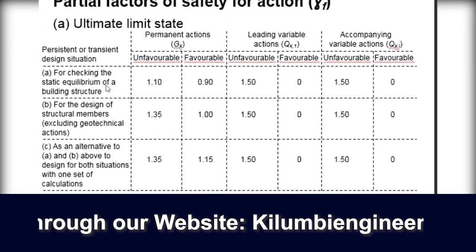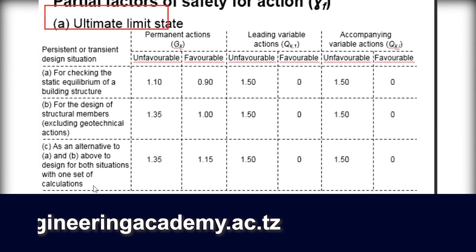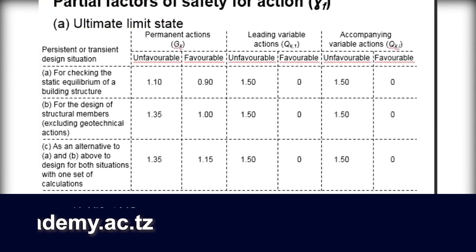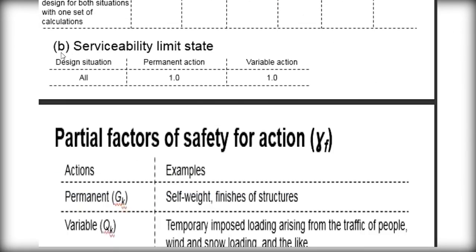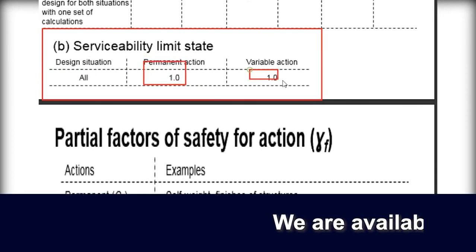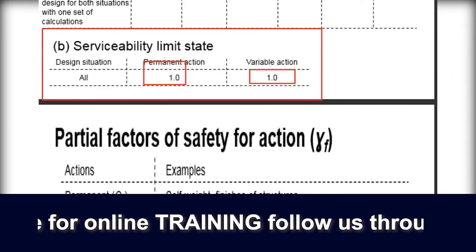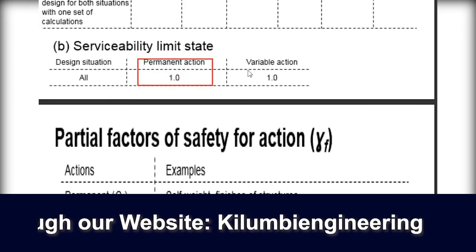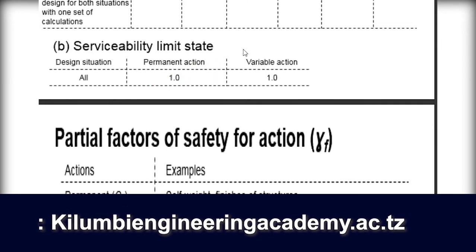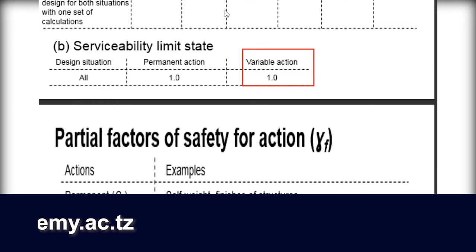The same applies. This is under limit state. So under ultimate limit, the values can also be obtained. The value under serviceability is 1 for the dead load, which is permanent load as per Euro, and 1 for the variable load, which we mean live load as per BS.